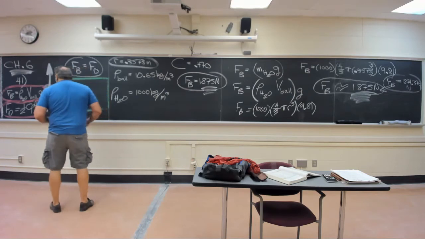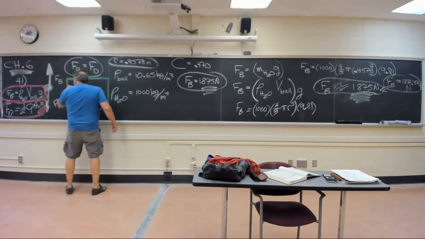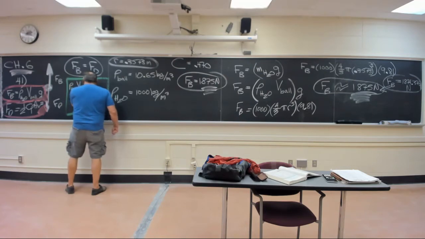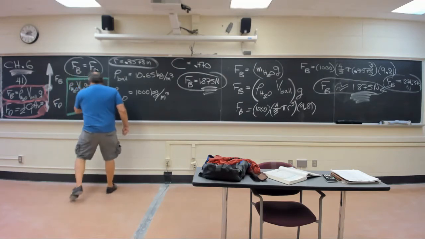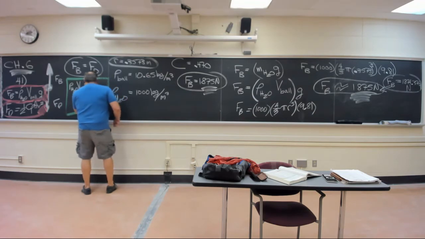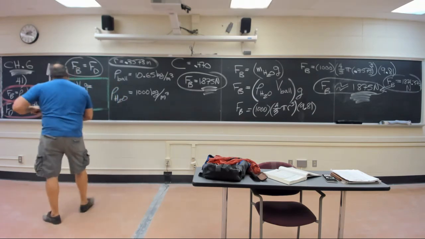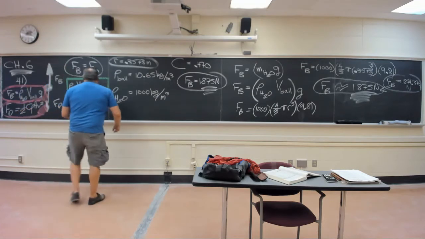So what we're looking at is FB equals FD. We got rho H2O, V ball, G, correct? Equals 1/2.